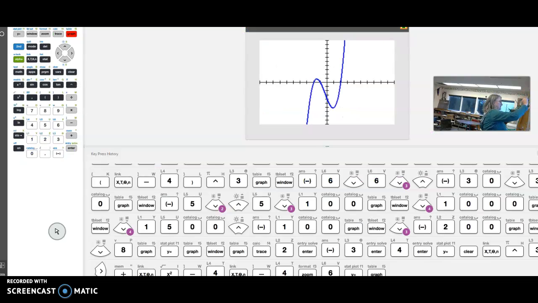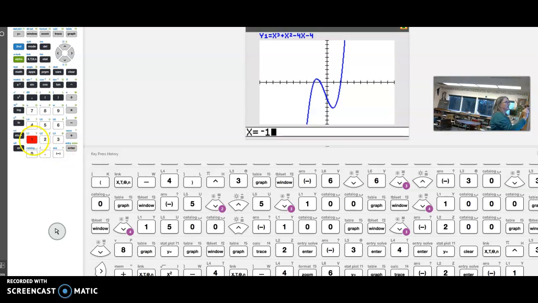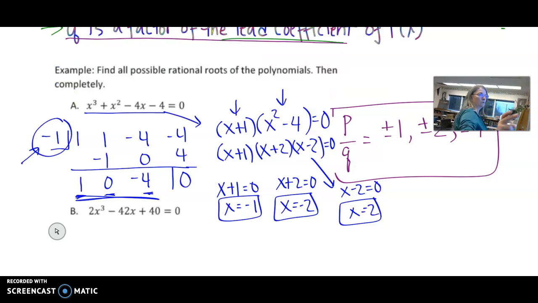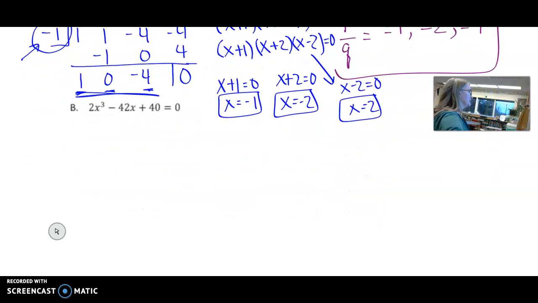So if I trace to negative 2, there's one of the zeros, also an x-intercept. If I trace to negative 1, there's another zero, and then the third one will be over there at 2. So they're all of multiplicity 1, so they all cross through the x-axis and don't have a bend. All right, so let's try this next one.